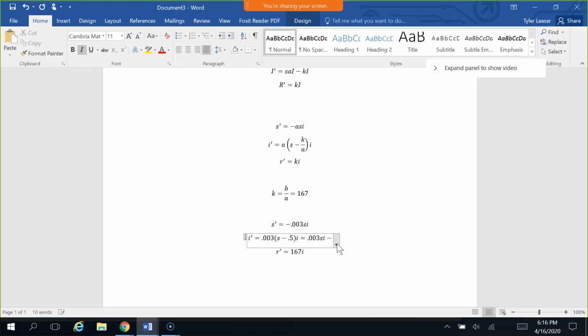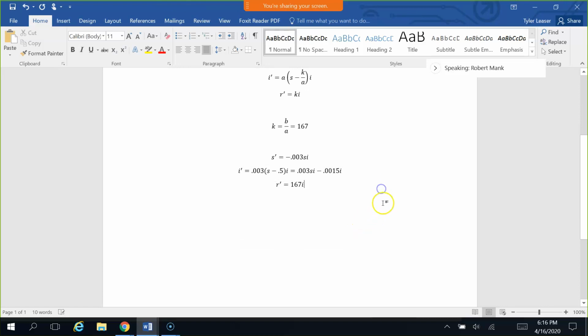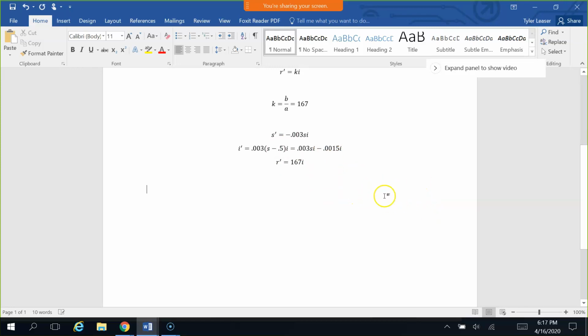minus, what's 0.003 times 5? 0.0015, I think, I. Cool. So then we just have to solve this using the stuff that we were using before. We'd have to move it all over to the right-hand side.